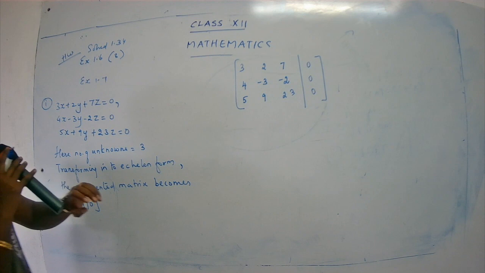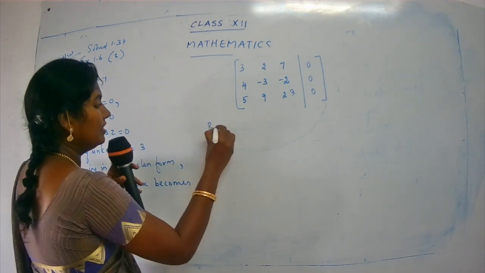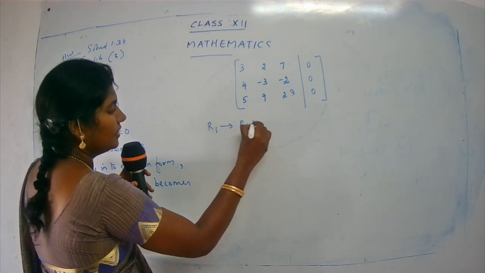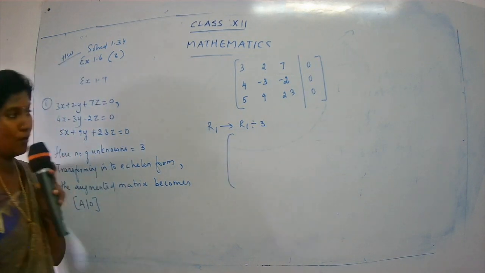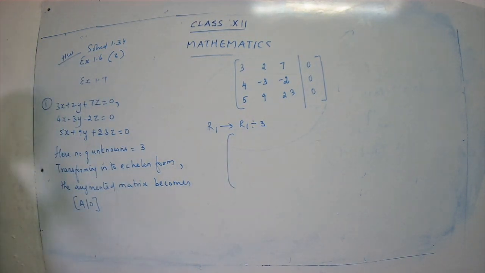Yes, children? So I say here, R1 is changing as R1 divided by 3. You just follow along with me. We have already done all these steps previously, so we can move fast. So R1 is changing as R1 divided by 3.